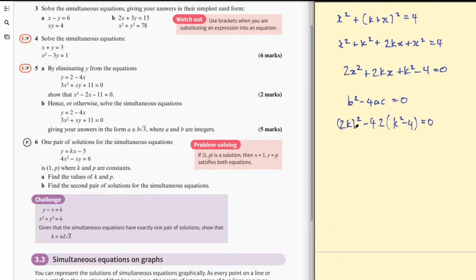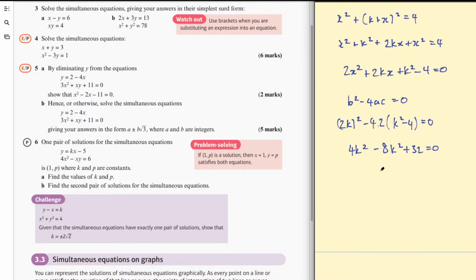And then you notice this is going to turn out to be a quadratic, probably in terms of k, and we'll be able to get a value for k. So simplifying this, then we get 4k squared take 8k squared plus 8 times 4, plus 32, is equal to 0.